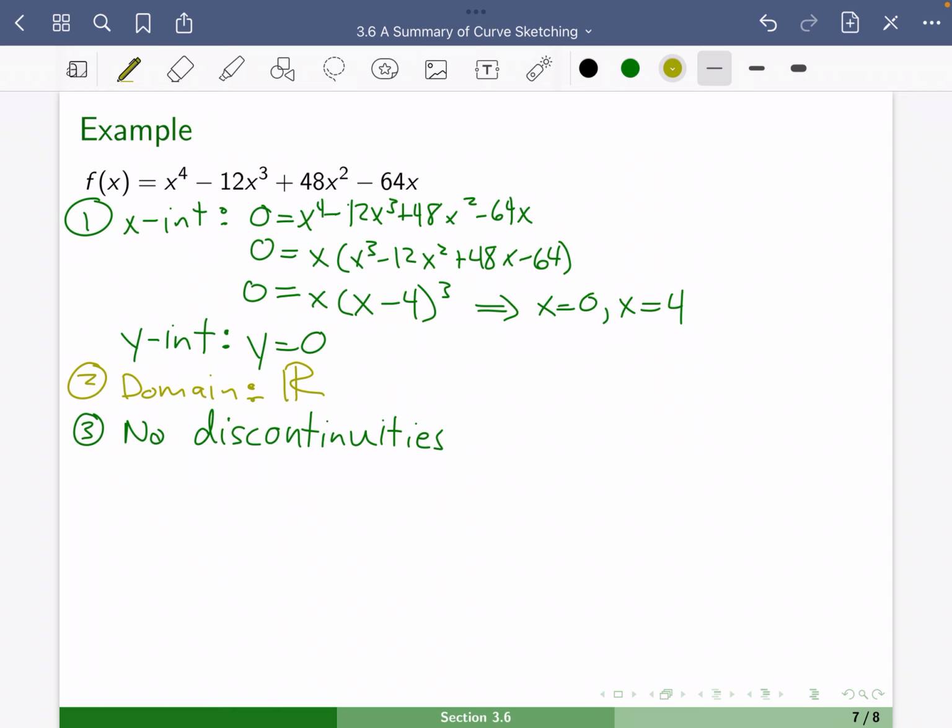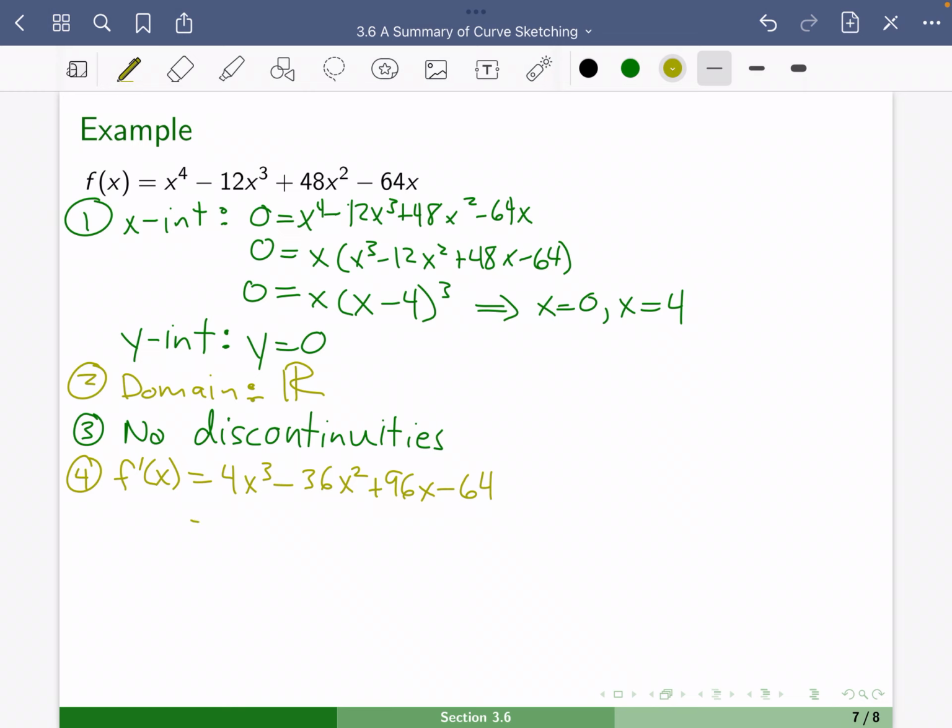Next, we want to look at our intervals of increasing and decreasing. So we're going to take a look at our first derivative. We get 4x cubed minus 36x squared plus 96x minus 64.